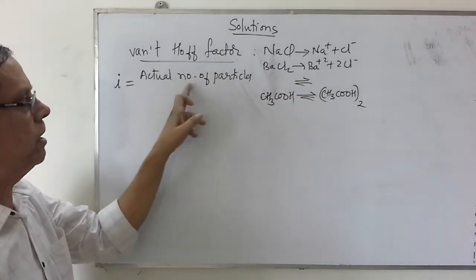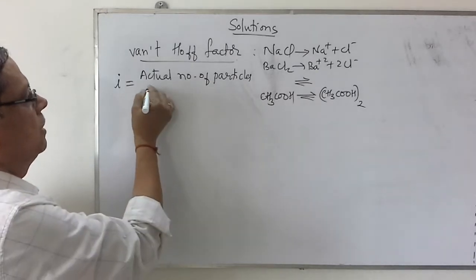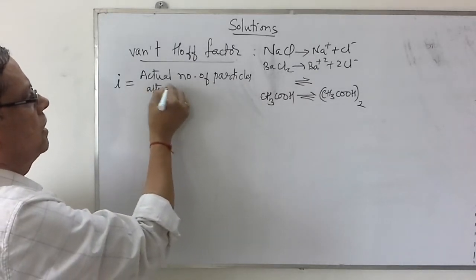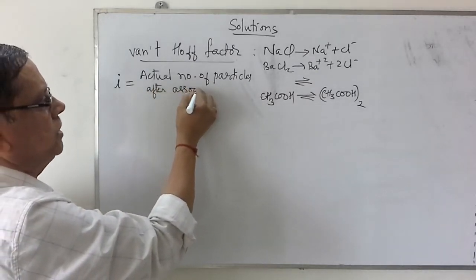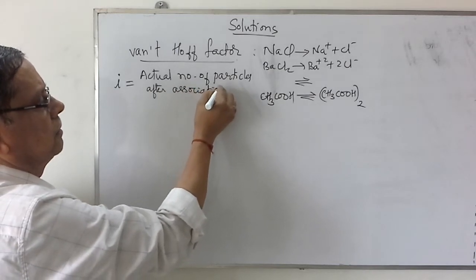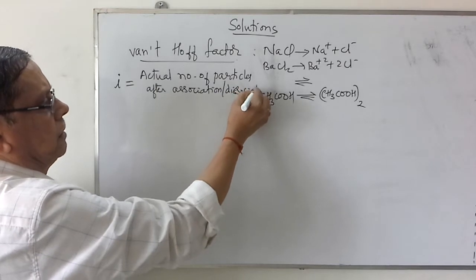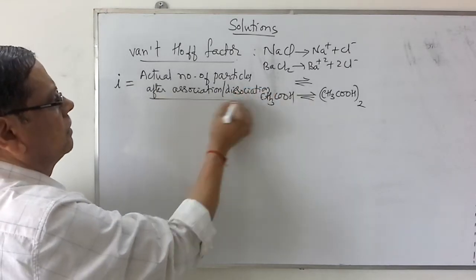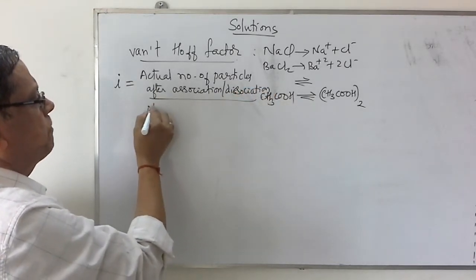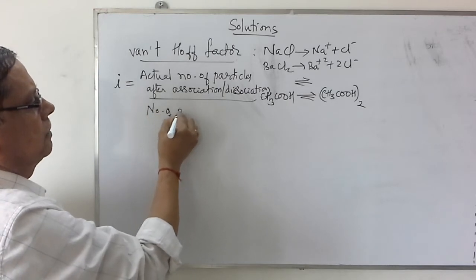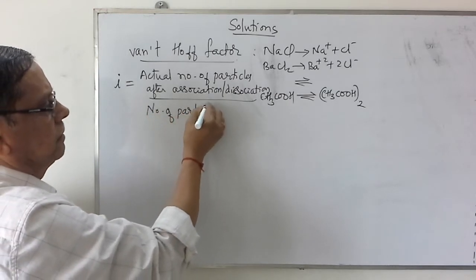So it is the actual number of particles in solution after association or dissociation divided by the number of particles taken.